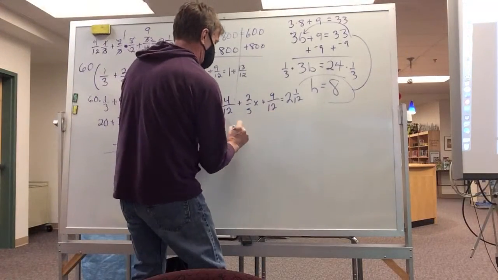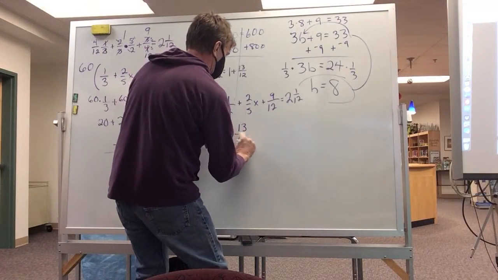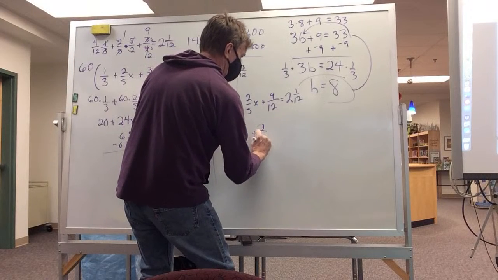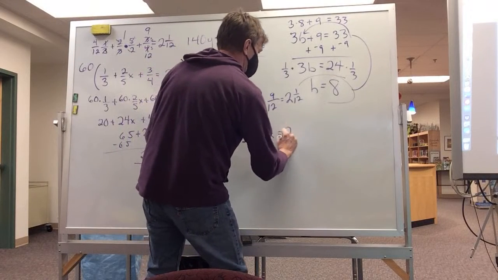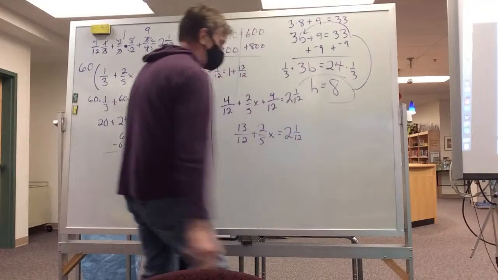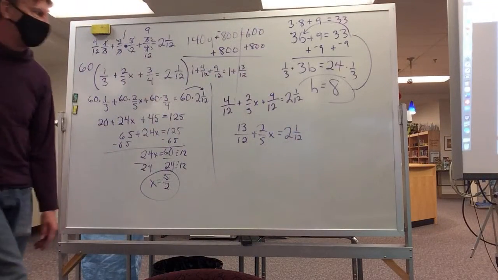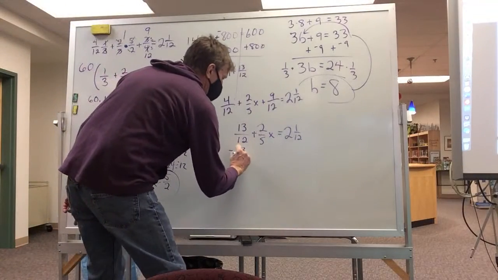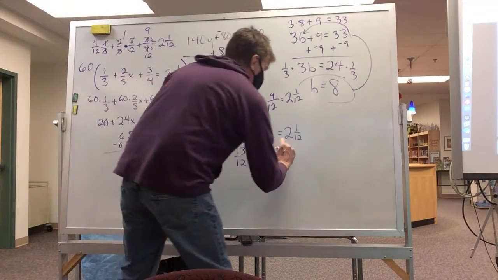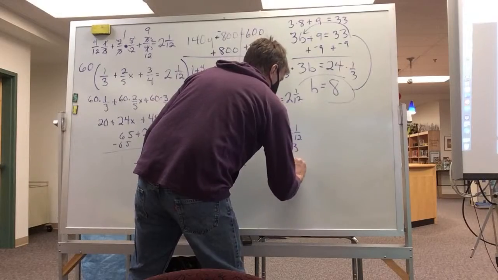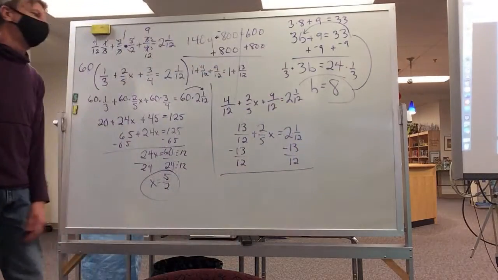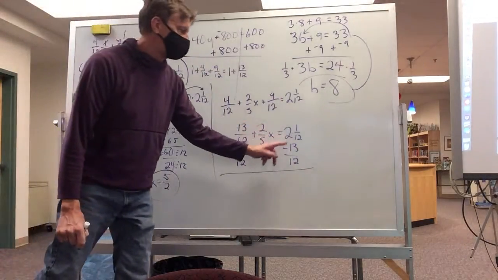4/12 plus 9/12 is 13/12. And I thoroughly believe in leaving things as simple fractions, not as changing them to mixed numbers all the time. So now we have to subtract that. So you have 2 and 1/12 subtract 13/12.